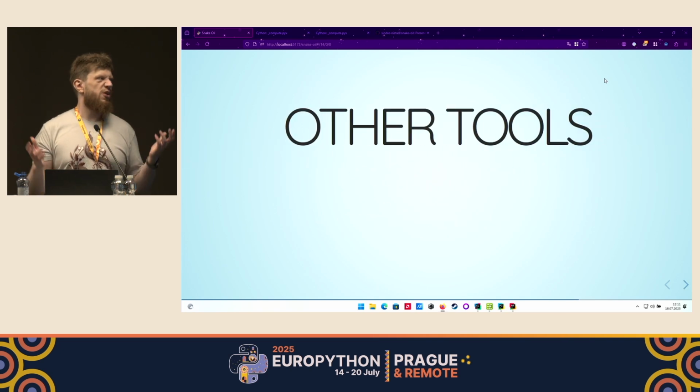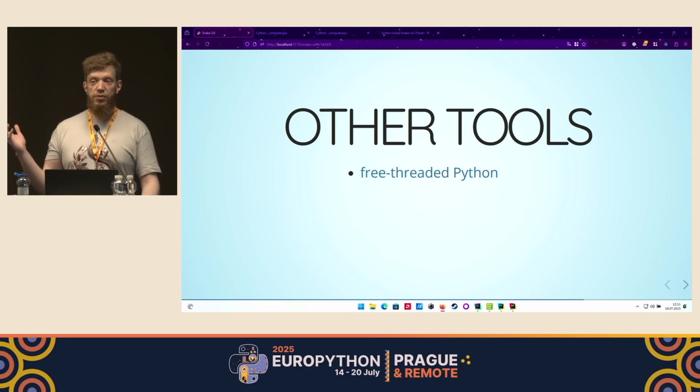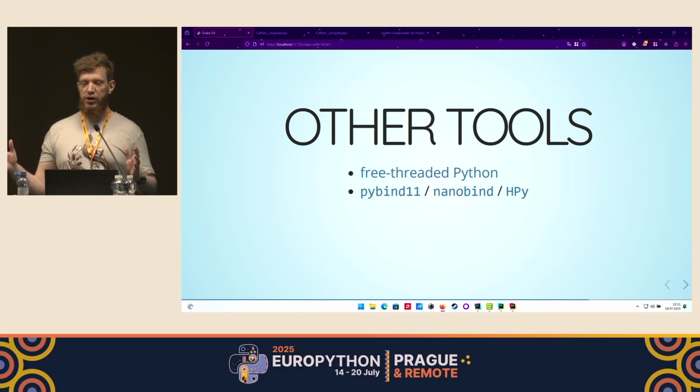And there are other tools as well, as you can use free-threaded Python, which has been mentioned a lot. Couldn't get it to work because I need to recompile Pygame with free-threaded Python on Windows, which didn't work, unfortunately. There's also writing your own C extension and using PyBind, NumPy, and HPy.